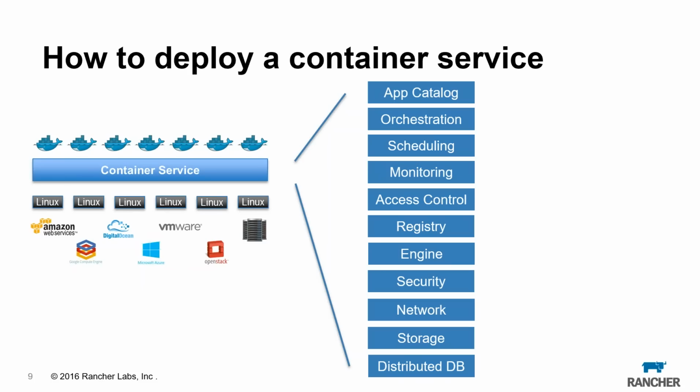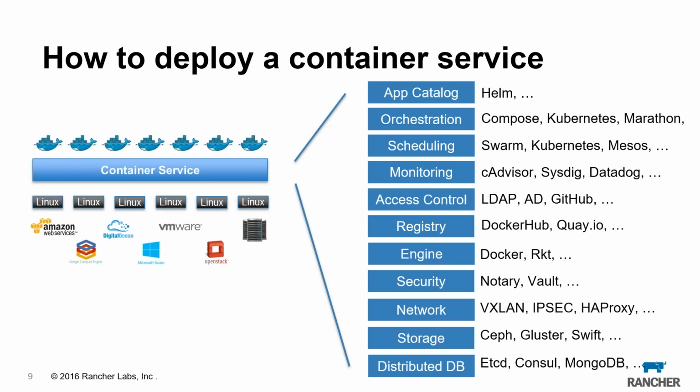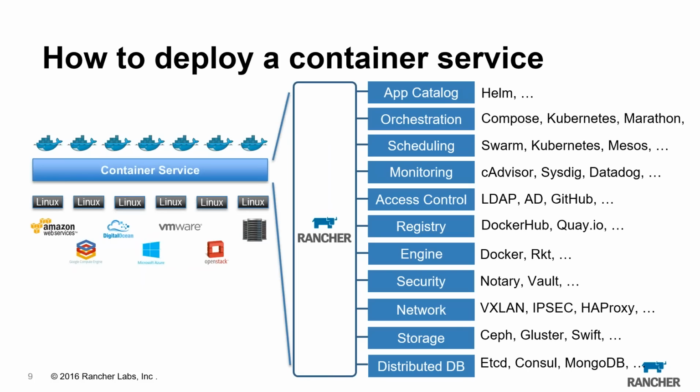When we first started working with people, they were mostly building this themselves, using a lot of different open source tools to put together their container service, and that included everything from implementing their container networking to figuring out how to manage the Docker engines to connecting to registries and doing multi-server networking environments, all the way up through deploying schedulers and configuring monitoring. And what Rancher really introduced for the first time was a fully open source management platform that could consume all these different tools and allow users to very quickly start deploying containerized environments.